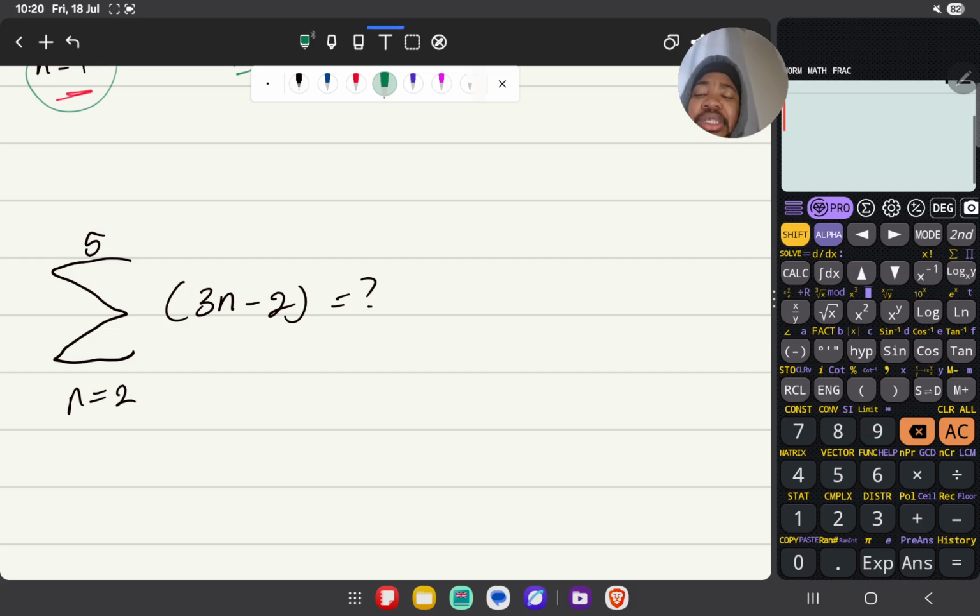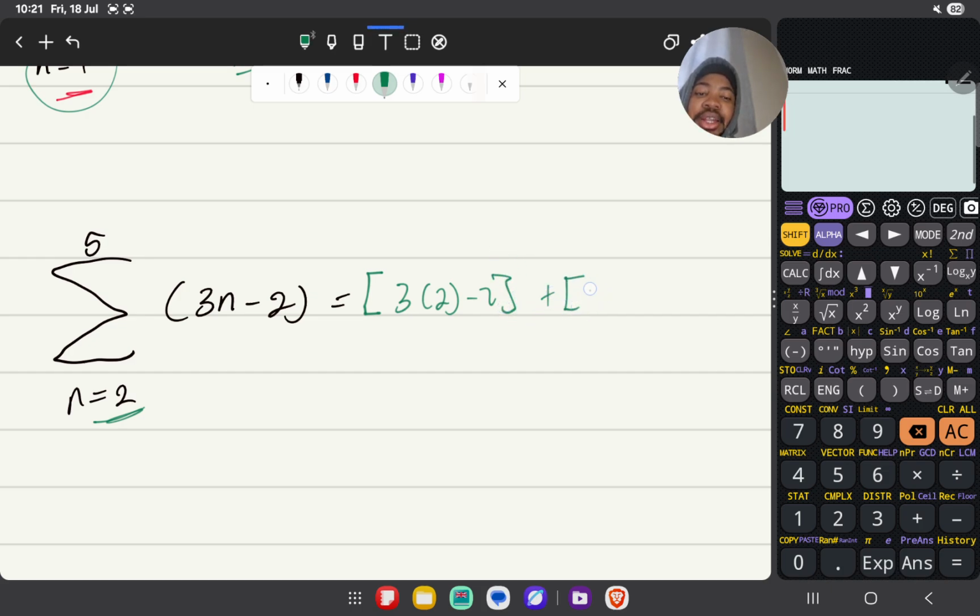We have something similar here, and you can tell it's an arithmetic sequence. We are starting from n equals 2 to n equals 5. So how will we do it? I'll open a couple of brackets. We substitute 2, so 3 times 2 minus 2, that's the first one.